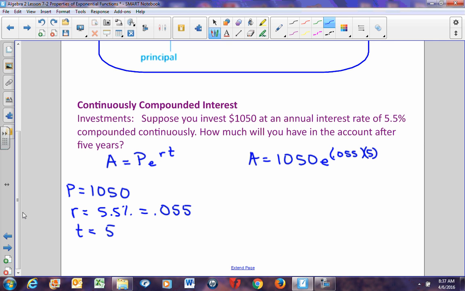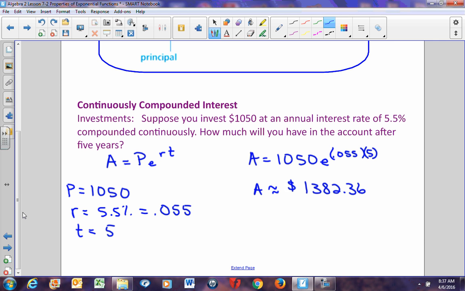And if you do that, you should get $1,382.36, rounded to cents. So if it's continuously compounding, after 5 years you're going to make $382.36, which is a pretty decent amount of interest.